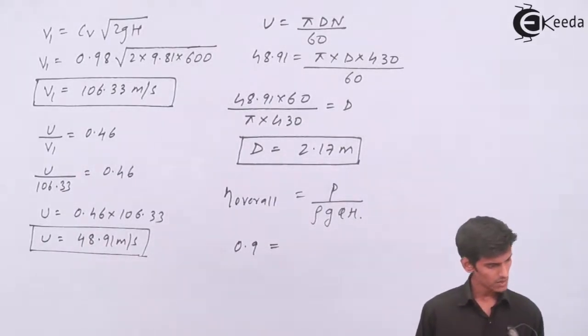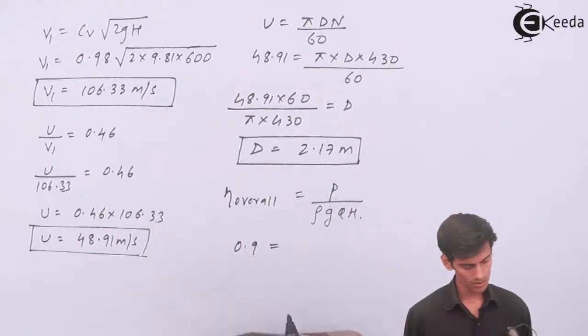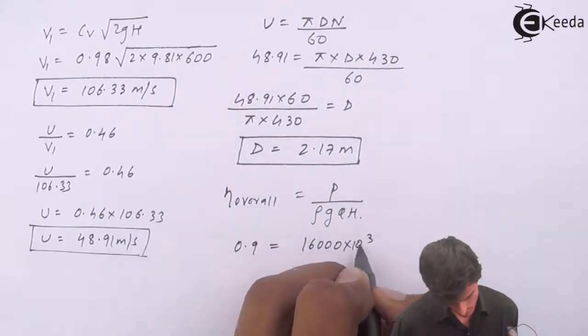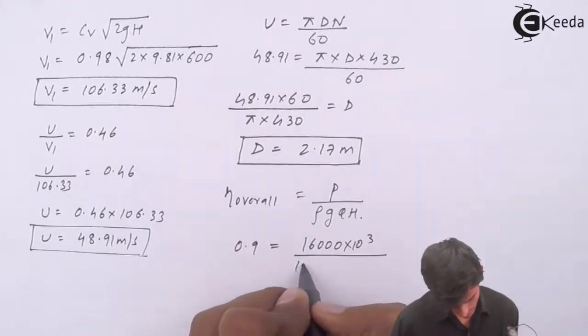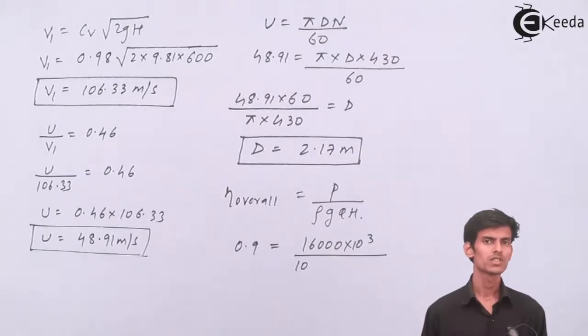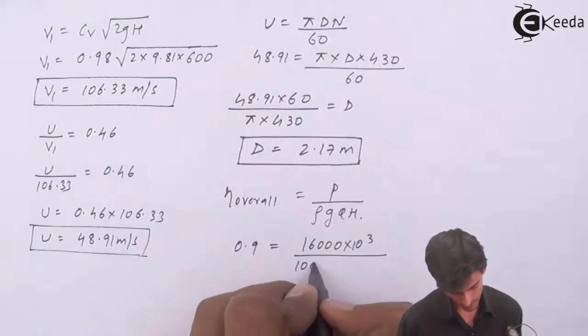The power developed is given as 16,000 kilowatt, which is nothing but 16,000 into 10 raised to 3 watts, divided by rho, which is 1000 for water, g, which is 9.81 universal value, and head is already given.